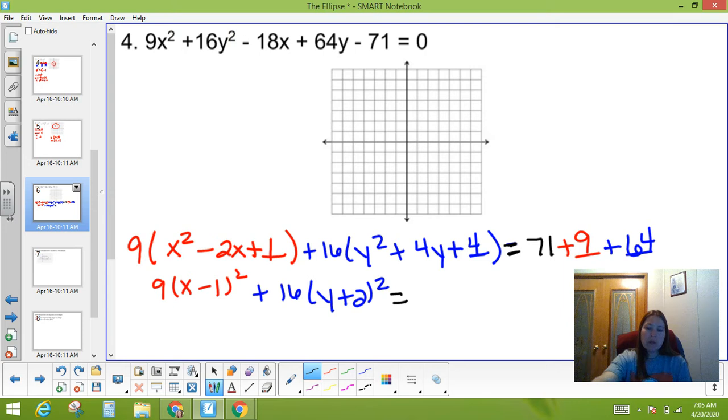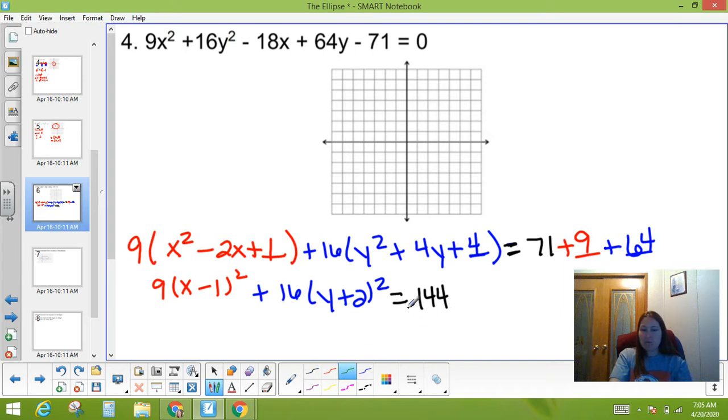All right, so then we've got to add 71, 9, and 64. So 144. Now, again, I'm not trying to make life more difficult than it needs to be. So when you add these up, you should get something that works with these two numbers. I mean, there might be a rare occasion where that's not the case, but not very likely.